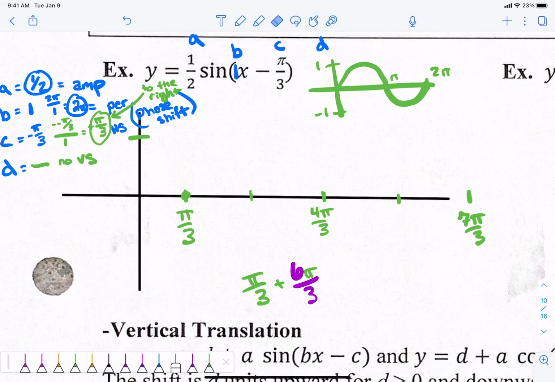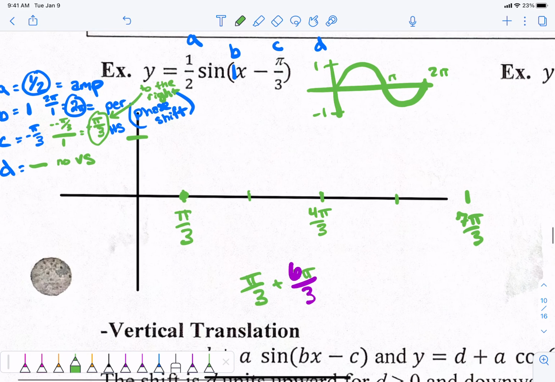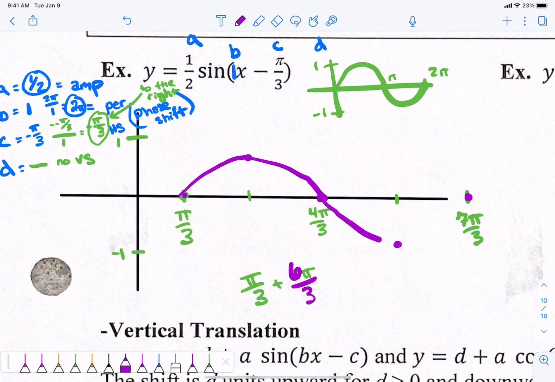There's my -1, there's my +1. There he is. I lost a tenth. And then we have to go up to 1/2 and down to -1/2. So start here, up to 1/2, down to -1/2, and back up. That's a lot of stuff.